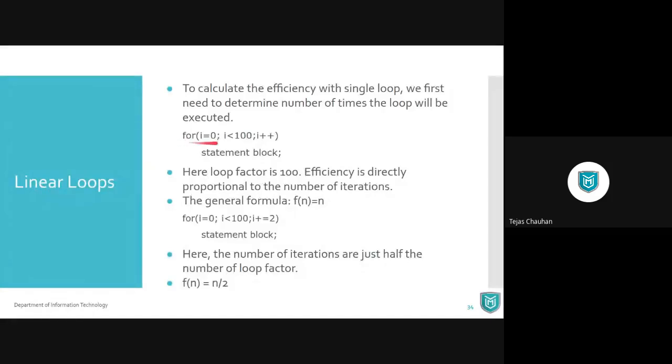If it is only one linear loop, starting from 0 up to 100 with one increment, then this statement is going to be executed for 0 to 100, so a total of 100 times. Here the loop factor is 100, and this statement is executed 100 times. That 100 times is the time required to execute this block.